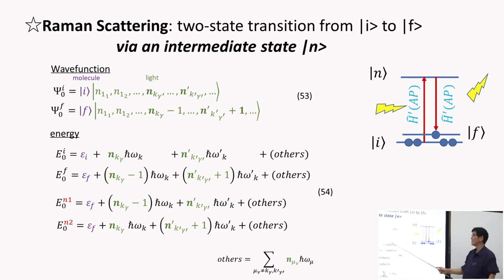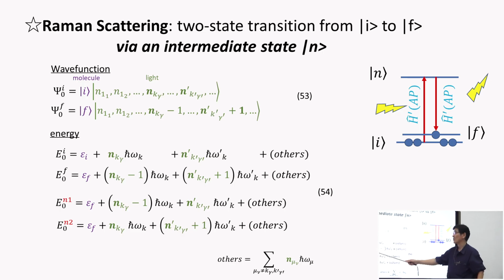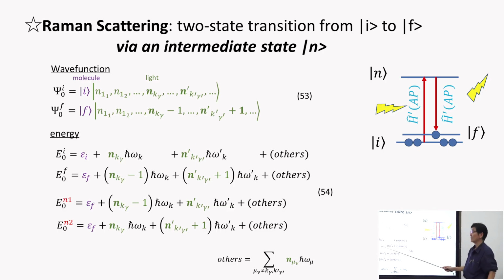And the other, let's ignore or sum up the other terms as others. Then the initial state is the sum of the energy of the molecule plus the energy of the light. In the final state, something decreases 1, something increases 1, and the energy is that of the final state.